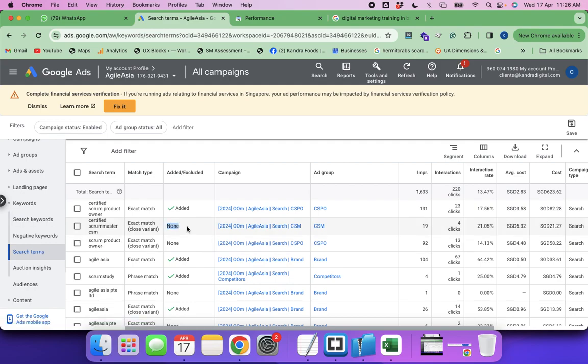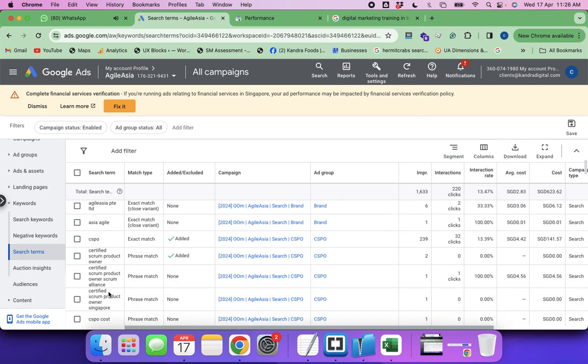See here, this got triggered by match type, exact match, close variant. There is an exact match, probably CSM certified Scrum Master, and that keyword would have helped trigger this keyword. Agile Asia PTE.